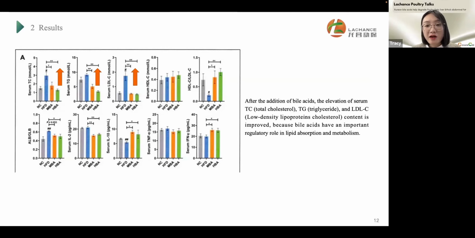This is because bile acids have an important regulatory role in lipid absorption and metabolism. So this is why bile acids can improve the content of TC, TG, and also LDL-C.